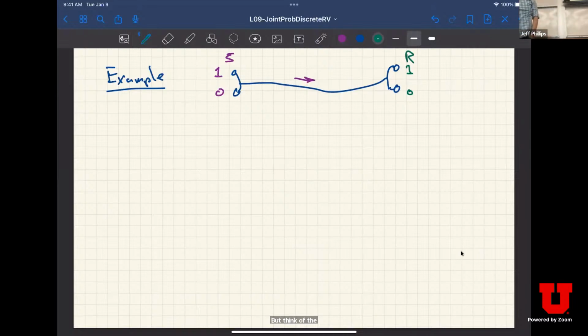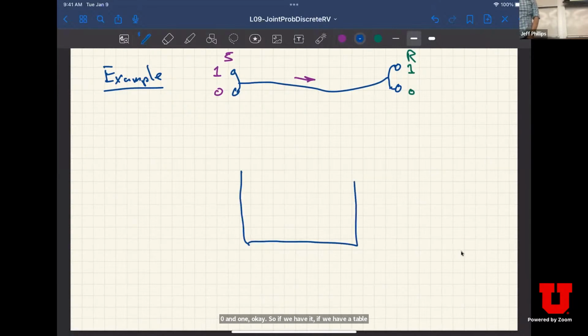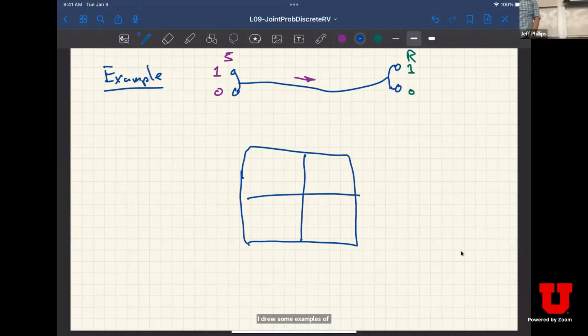Okay, so if we have a table here, we can think of a probability table, and I think I drew some examples of stuff like this before. But you have a sender that can either send a 0 or a 1, and a receiver that can receive a 0 or 1. And then there are probabilities of these events. You often see it like 0.45.